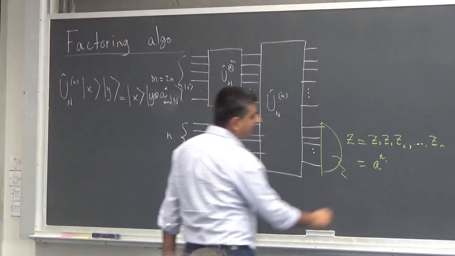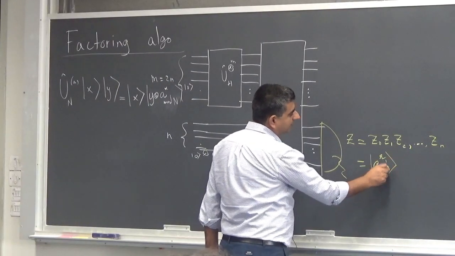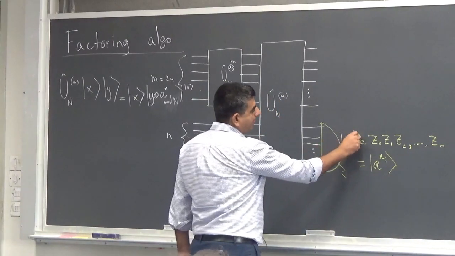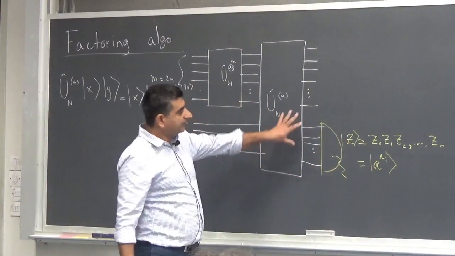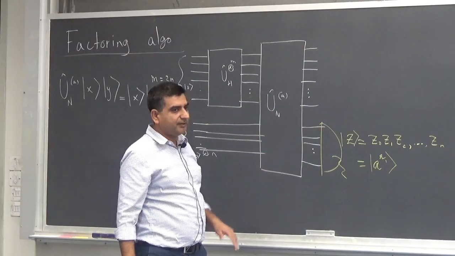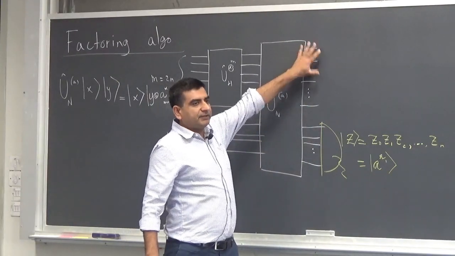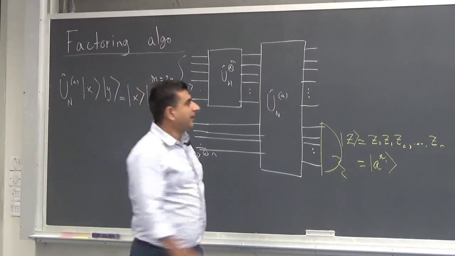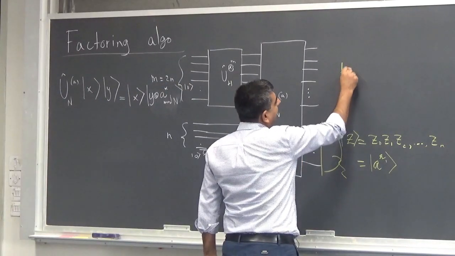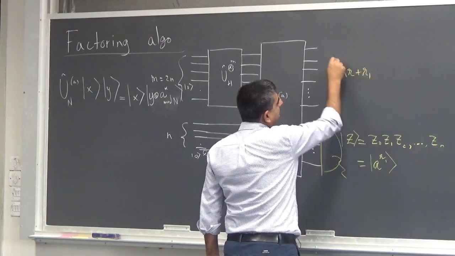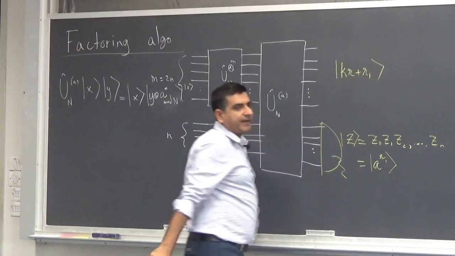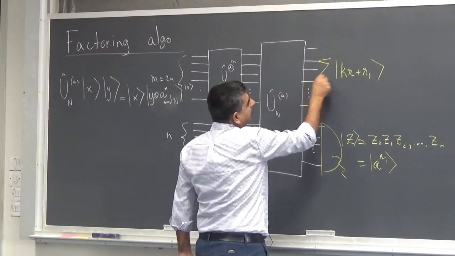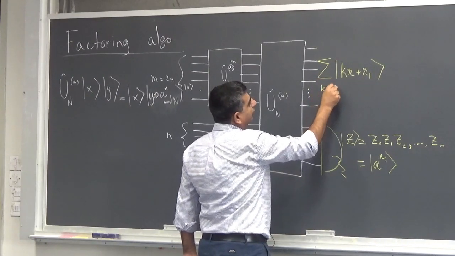So this is the state that is produced after collapse. This collapses the first register into a particular state as well, and that state is kr plus r1, with k going from 0.